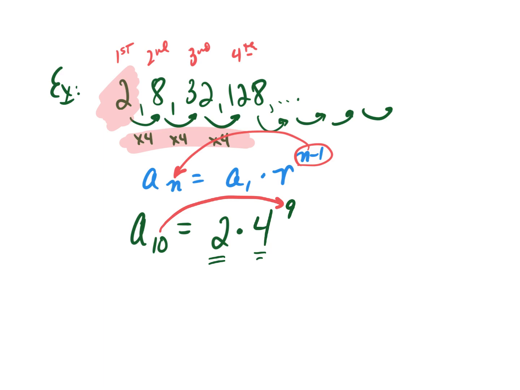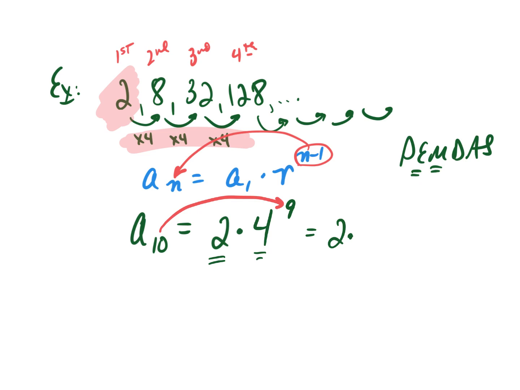We're looking for the 10th term, we use the 9th power. And then I just need you to remember your PEMDAS and remember that exponents come before multiplication. So we do the exponent first, so what's 4 to the 9th power, and then we have to multiply that answer by 2.